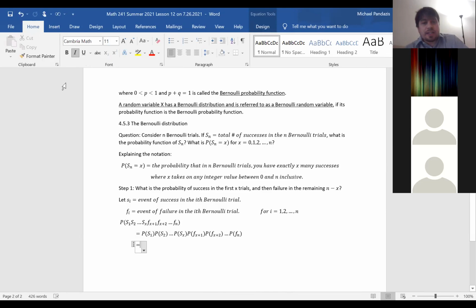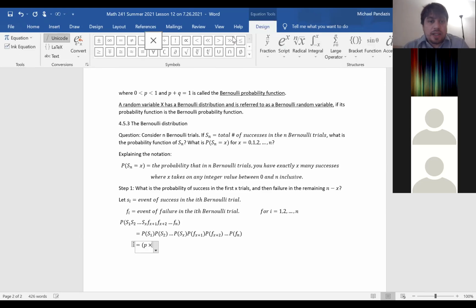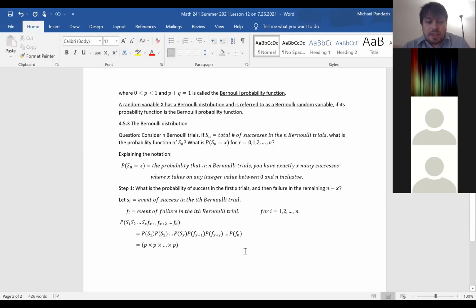Now we said that the probability of success is P and the probability of failure is Q. So this is P times P times dot dot dot times P, where there are X many P's, little x many P's.